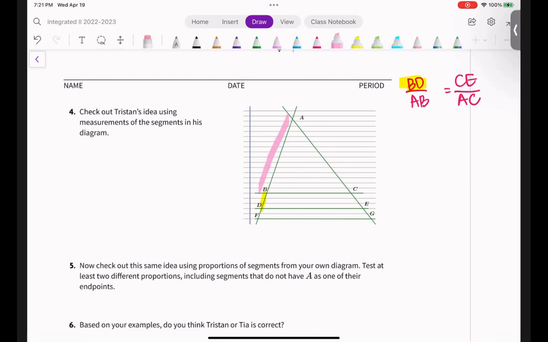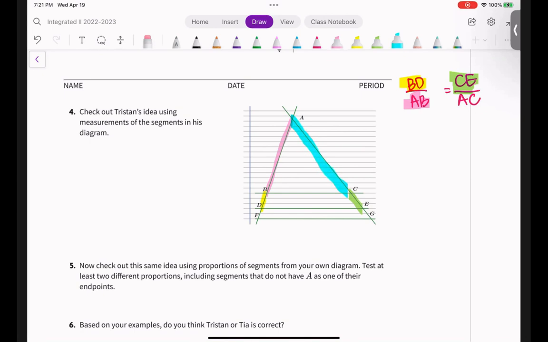And then we get CE, the little guy, over the small triangle's right side. That's what they're saying is in proportion.